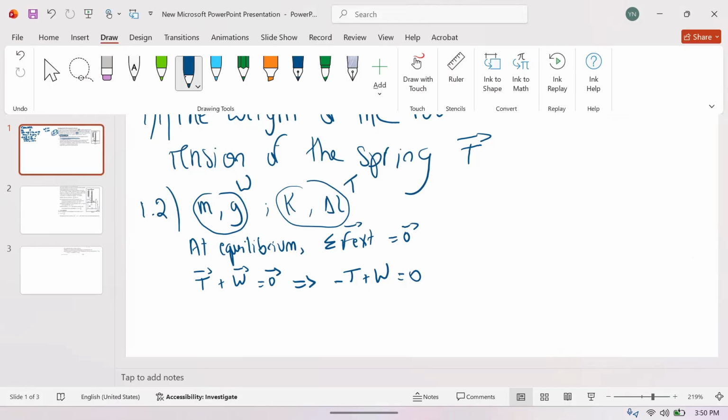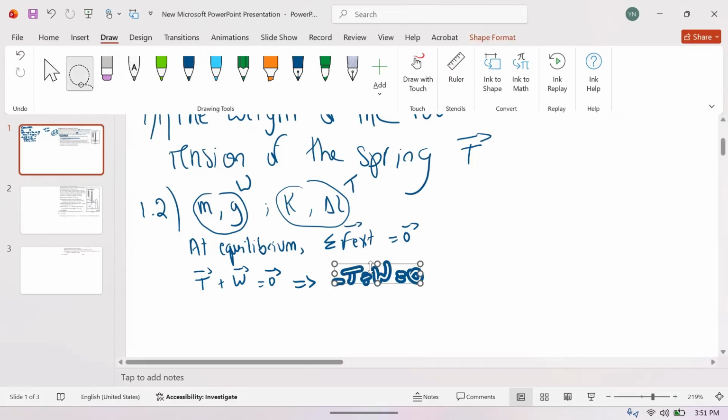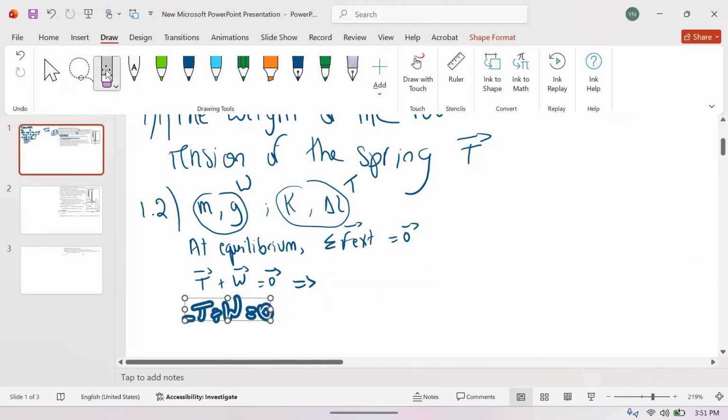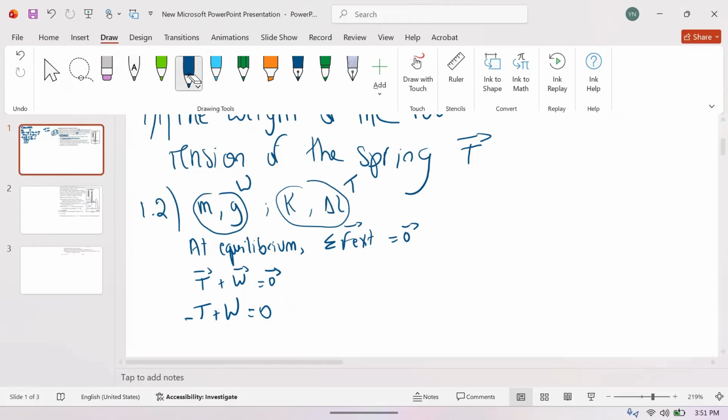And by the way, you have to mention that you remove the vector by using the projection condition. So let me state on the side: projecting on the x-axis, and then we can remove the vectors.